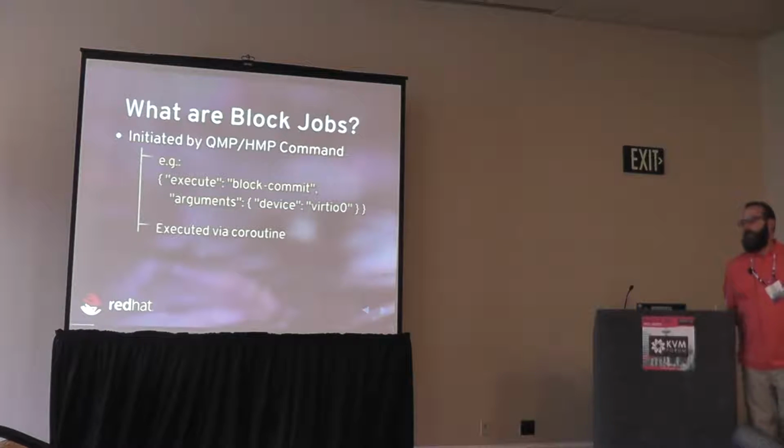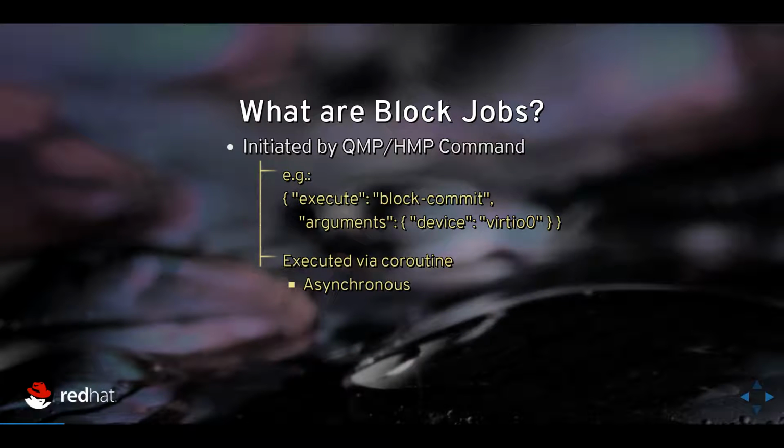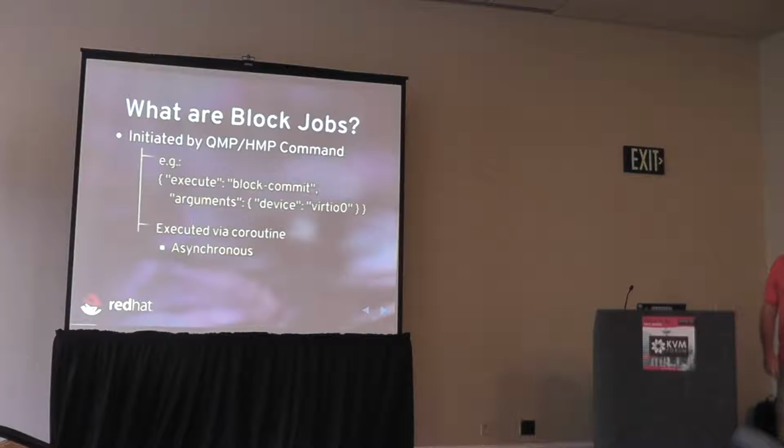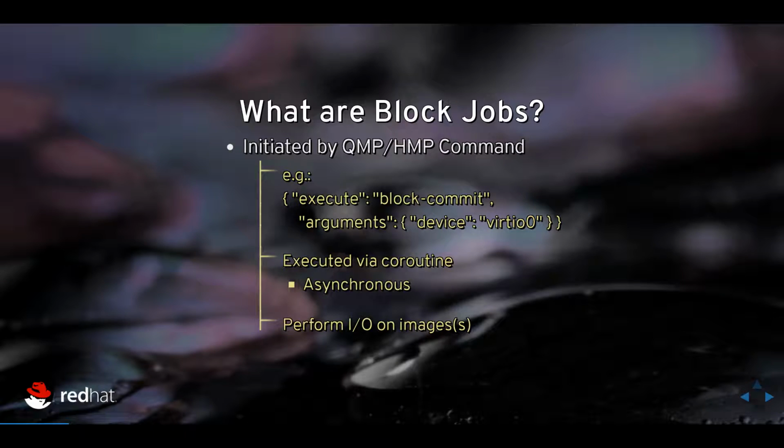So as we're doing the block jobs, we execute those in a coroutine, which is essentially a cooperative multitasking environment used inside QEMU. And this allows us to do our jobs asynchronously. And we can dial and adjust the speed threshold that the job runs at to maximize guest performance or even the host requirements.